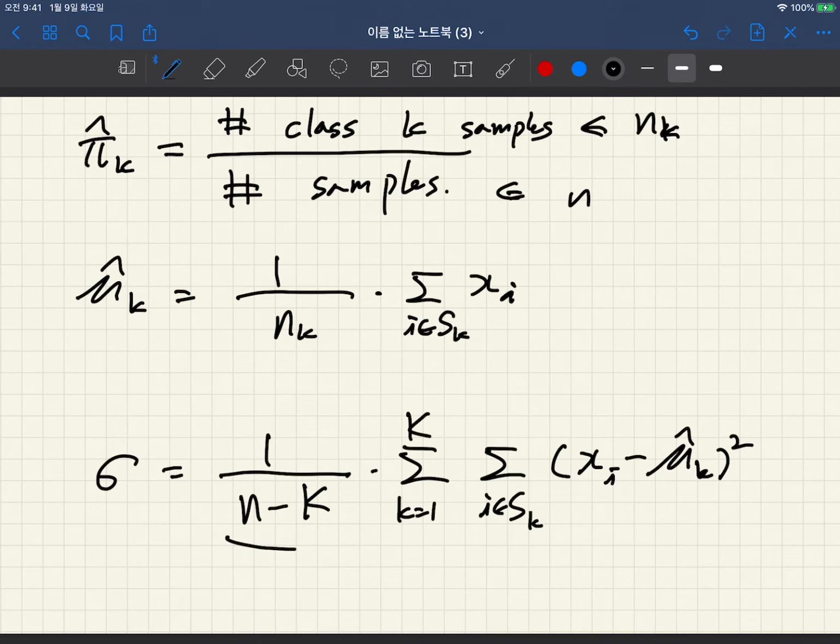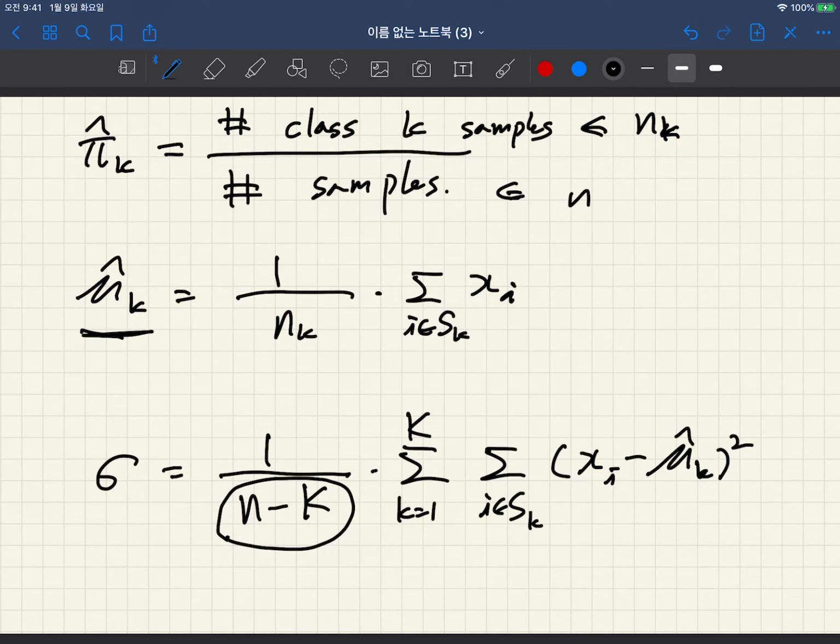So this is the empirical covariance of your input x. Why do we have to use n minus capital K instead of just n? Because we have K parameters μ hat k. So the degrees of freedom we spend for fitting μ hat k is capital K. So we have to subtract capital K from the total number of samples.